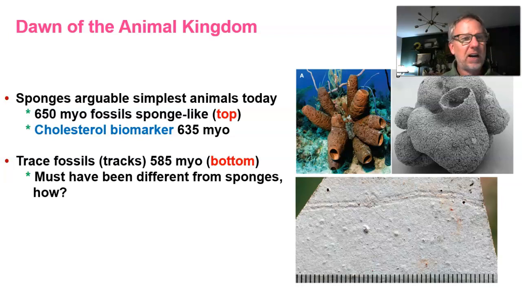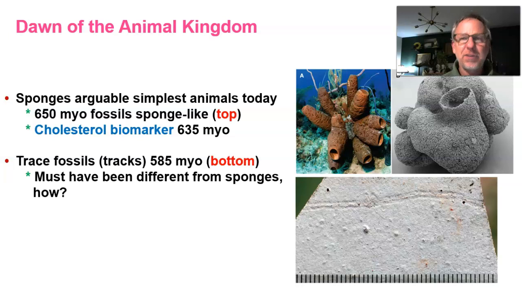Now, we have cholesterol biomarkers that are unique to animals. And those show up just as molecular biomarkers at 635 million years old. So that tells us that there had to have been some animal ancestors around back then based on those cholesterol biomarkers.